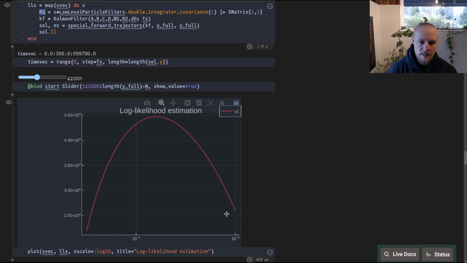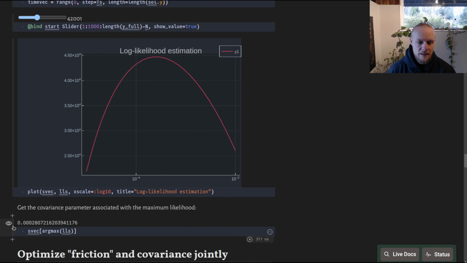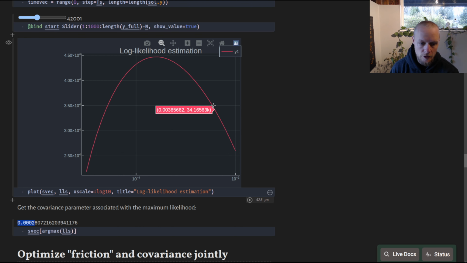So now I have a number of different values here. The x-axis is my parameter and the y-axis is the log likelihood. So we see that somewhere here in the middle there is a sweet spot where the likelihood is the highest. And we can extract that and it gives me this value. So it's slightly different from what I picked before when I just picked a value.